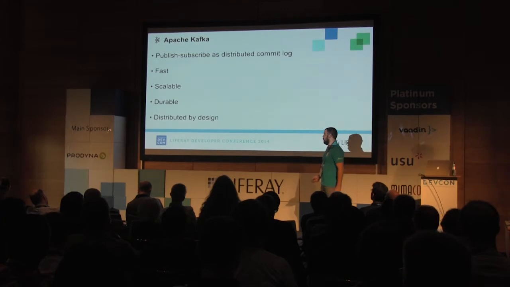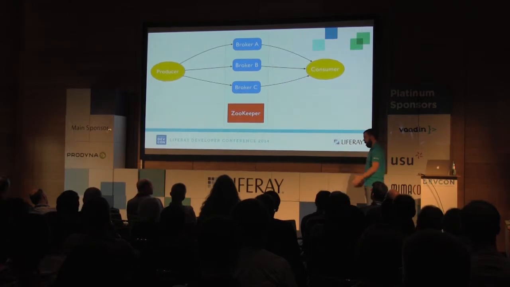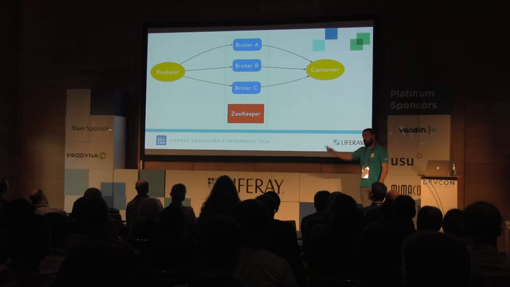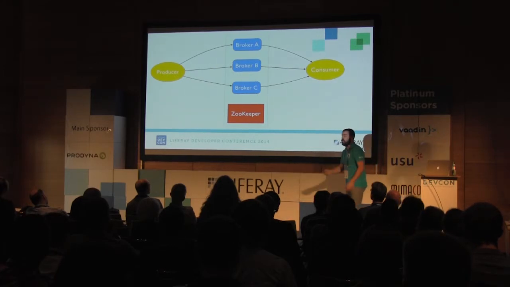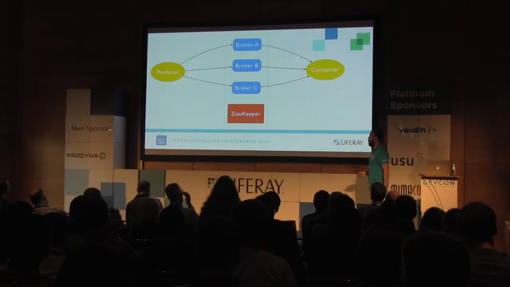It's fast, it's scalable, it's really nice. The architecture is pretty much similar to what those familiar with publish-subscribe mechanisms know. I have some producer which puts some information in some topic, and the consumer can read from this topic and just consume these messages. But under the hood it is based on a distributed commit log.